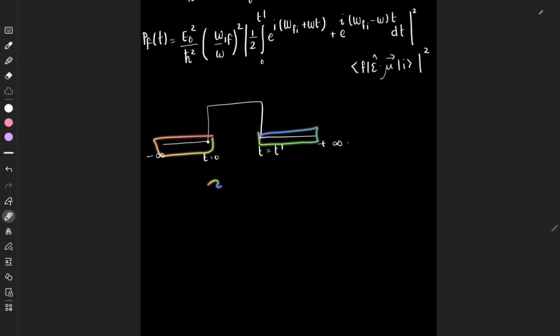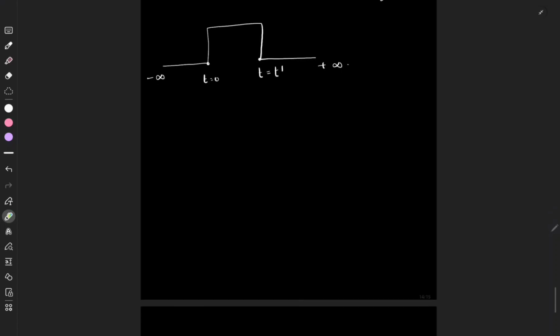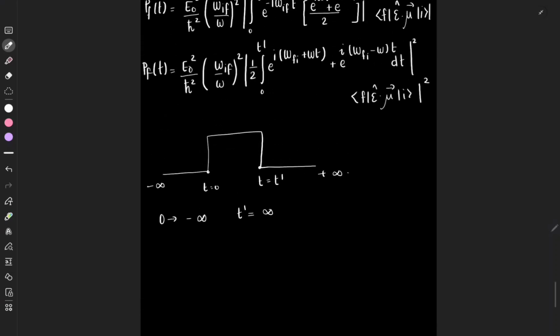The only perturbation happening is in the range from t is equal to 0 to t is equal to t prime. So if we change the limits to minus infinity and infinity, it will not make any change in the working principle. So we can just change the limits of this one to minus infinity to plus infinity.